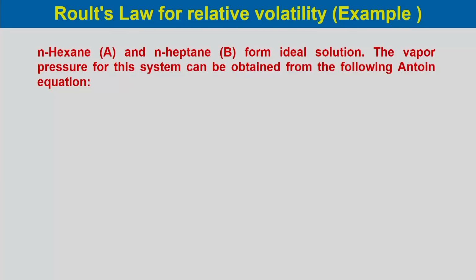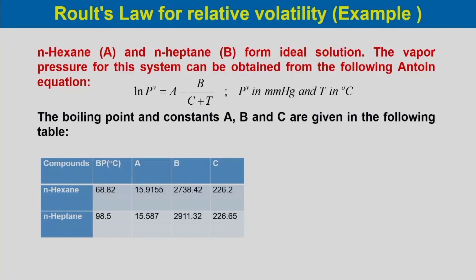Now let us take an example using Raoult's law for relative volatility to solve the problem. N-hexane, considered component A, and N-heptane, considered component B, form an ideal solution. The vapor pressure for this system can be obtained from the Antoine equation. This is the Antoine equation: ln Pv is equal to A minus B divided by C plus T, where Pv is in millimeters of mercury and T is in degrees centigrade.